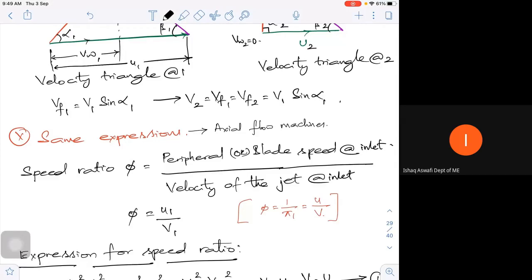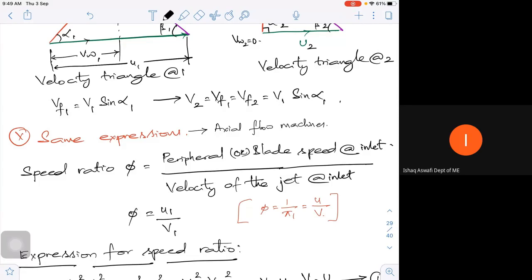We try to build a relationship between your rotational speed or peripheral speed of your turbomachine and the velocity of the flow or absolute velocity. If I take the ratio of it, I build a relationship with it: how much of your energy V1 I am able to see on my machine.